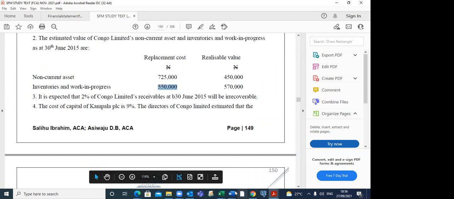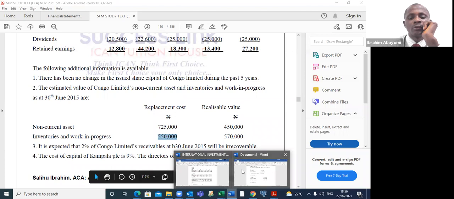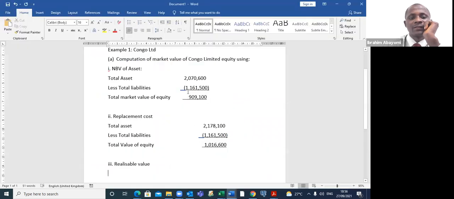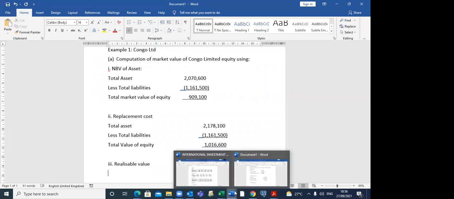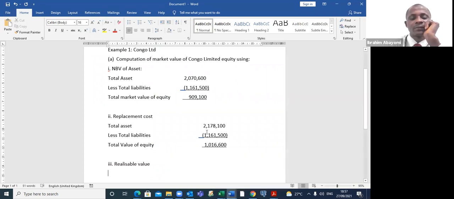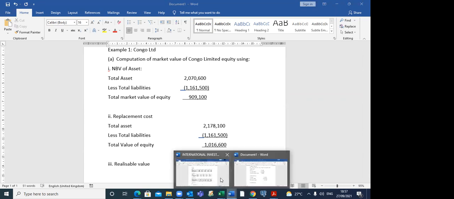After adding it, I did not get that 1.2 million. What did you get? I got 1.628 million 100.